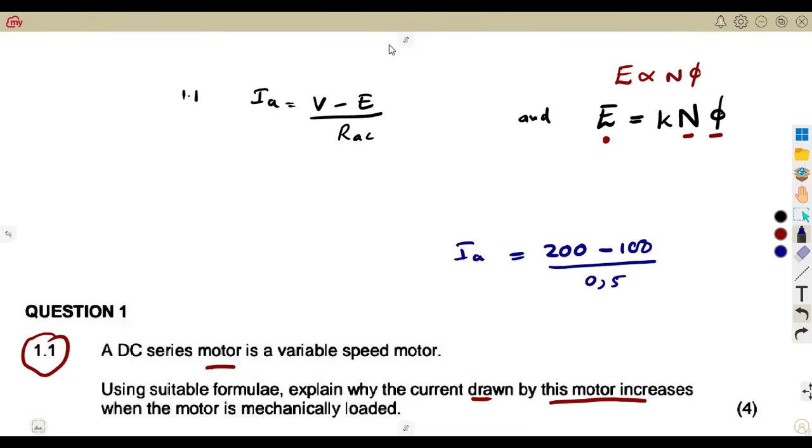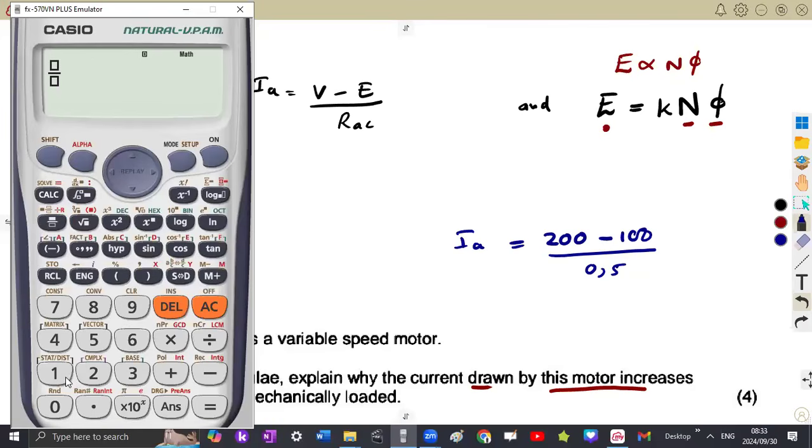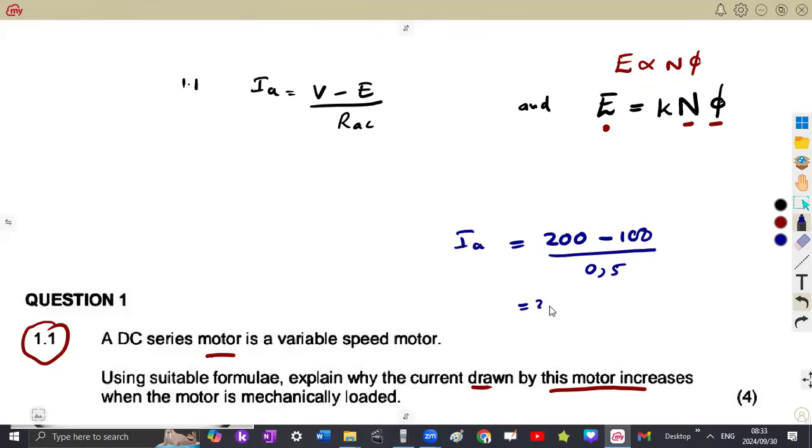This is 200 minus 100, which is 100 over 0.5. You're going to get 200 amperes.